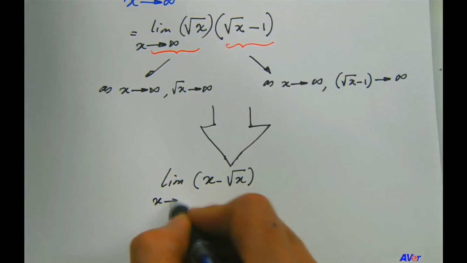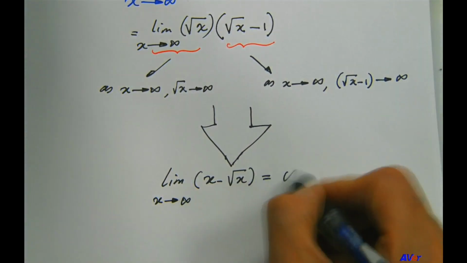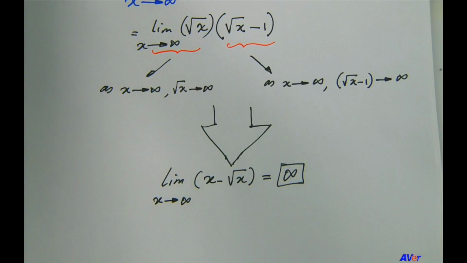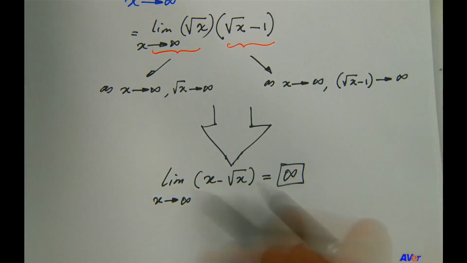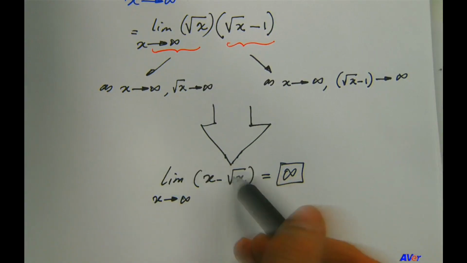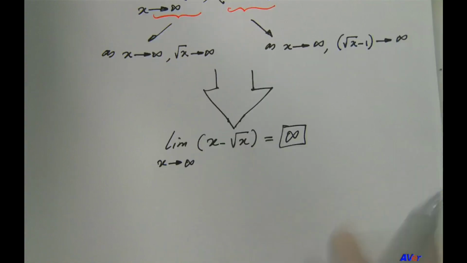So as x approaches infinity, that's equal to infinity. I cannot remind you enough times, this is not a limit. The limit of this function does not exist. But this is a way of showing with notation why it does not exist. It does not exist because the value of the function grows larger and larger without bound, okay? So this is not a limit, or the limit does not exist in this case.